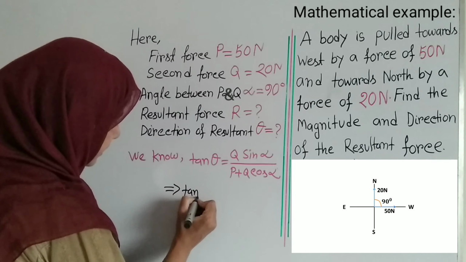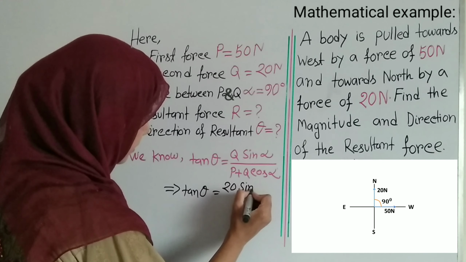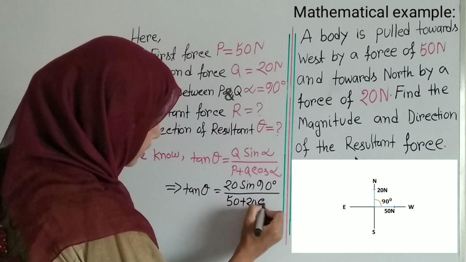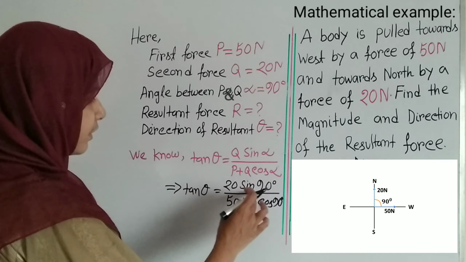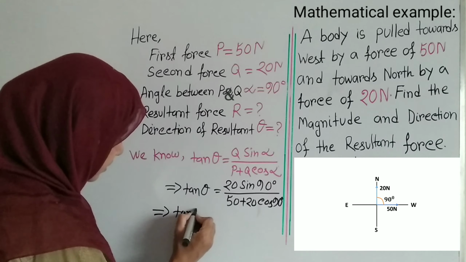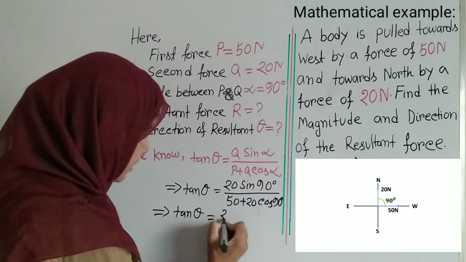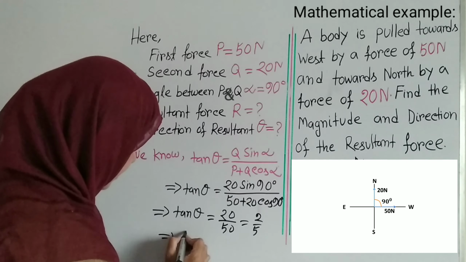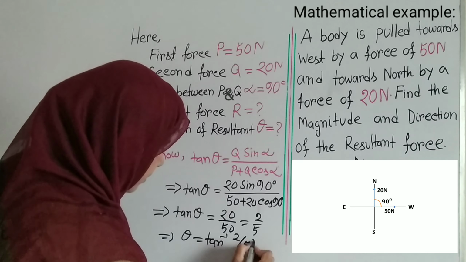That is tan theta equals Q means 20 sin 90 degree, by 50 plus 20 cos 90 degree. The value of cos 90 degree is 0 and the value of sin 90 degree is 1. So we will get tan theta equals 20 by 50, or 2 by 5. That means theta equals tan inverse 2 by 5.